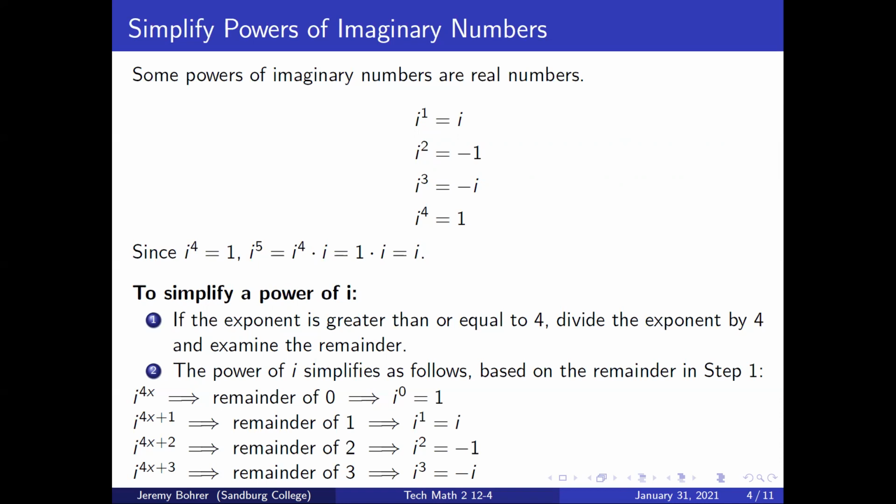The power of i simplifies as follows, based on the remainder in step 1. i to the 4x has a remainder of 0, so that's i to the 0, which is 1. i to the 4x plus 1 has a remainder of 1. i to the 1 equals i. i to the 4x plus 2 has a remainder of 2, and i squared equals -1. i to the 4x plus 3 has a remainder of 3, so that's i cubed equals -i.